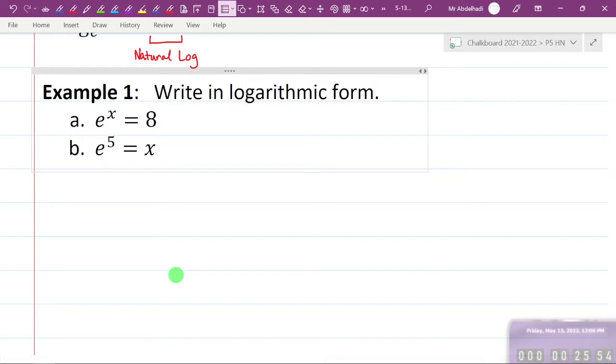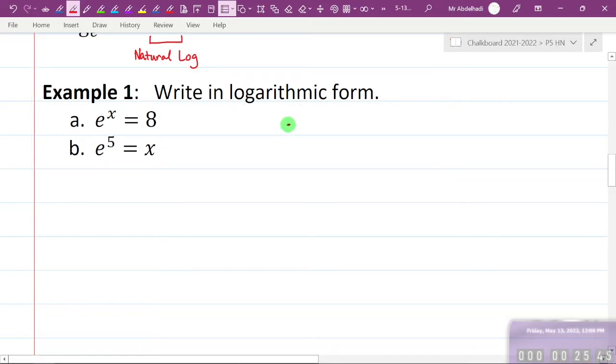So the first thing we're going to do is write these two exponentials in logarithmic form. And we know how to write things in logarithmic form. We've been doing it for a while, right? Like for instance, if we had 5 to the x equals 25, you would take log base this of this equals this, right? Well, this is the exact same situation.